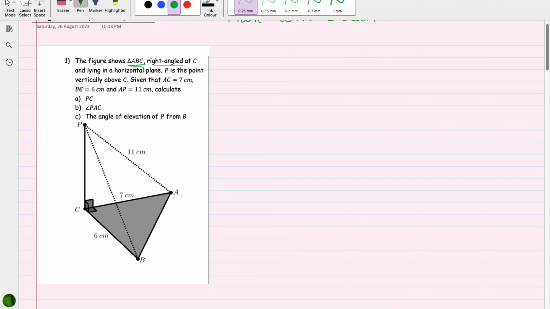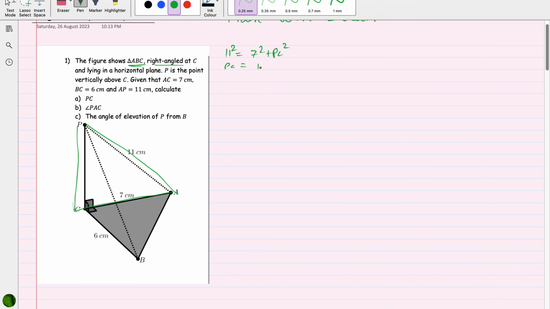P is the point vertically above C. AC is 7, already marked, BC is 6, marked, and AP is 11, also marked. Calculate PC. For calculating PC I am using this right-angled triangle. Using Pythagoras theorem, 11 squared equals 7 squared plus PC squared.